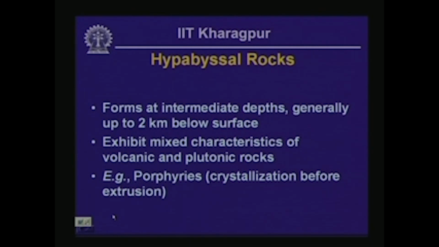Okay. Now, the third class of igneous rock is hypabyssal rock, and as I indicated earlier, these rocks are really intermediates between plutonic rock and volcanic rock. They develop from solidification of magma at intermediate depth, typically 2 to 3 kilometers below the surface.